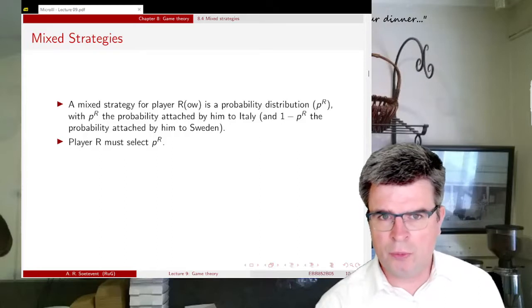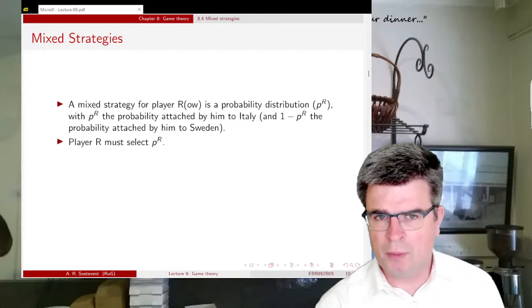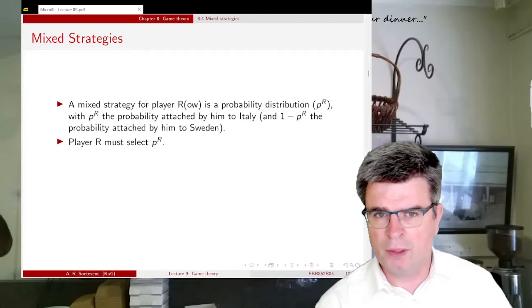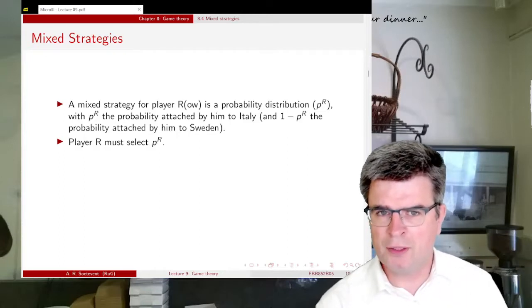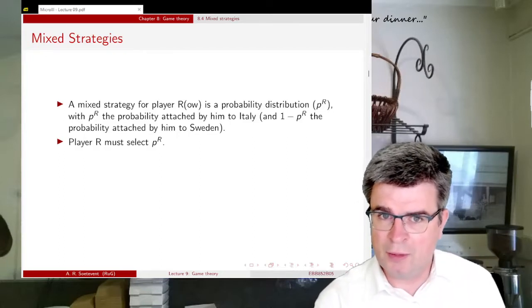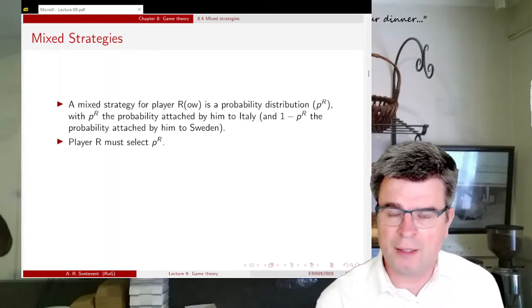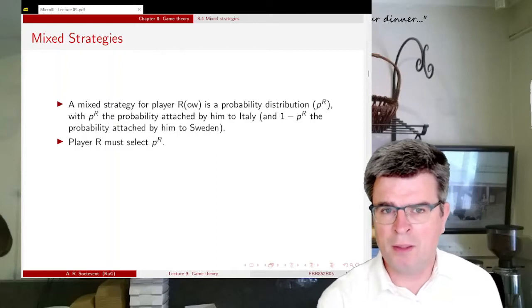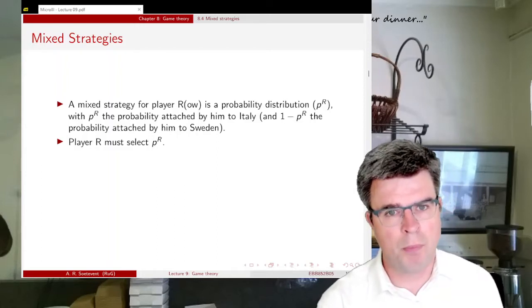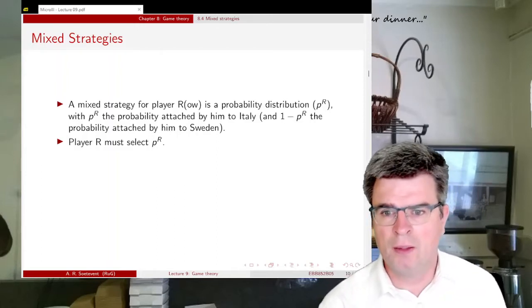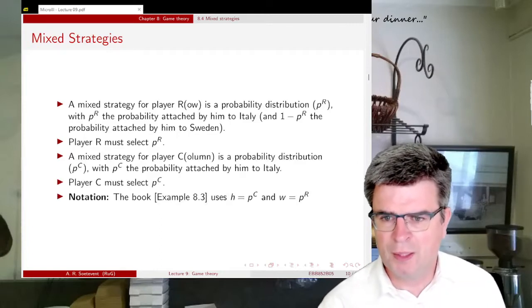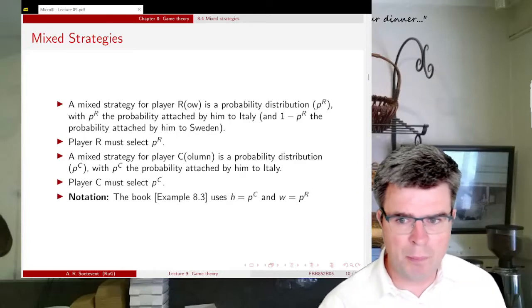So what the row player now must do, we leave the realm of the pure strategies. So it's no longer choosing Italy or Sweden with certainty, but the row player has to select PR, the probability with which he will play Italy. So that's the decision variable. And the same for the column player.